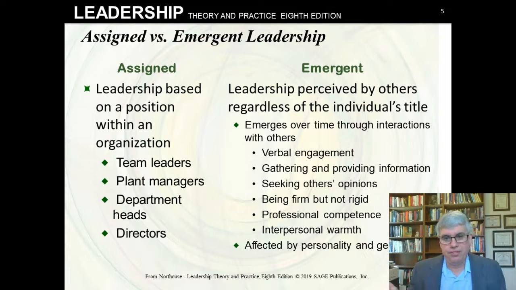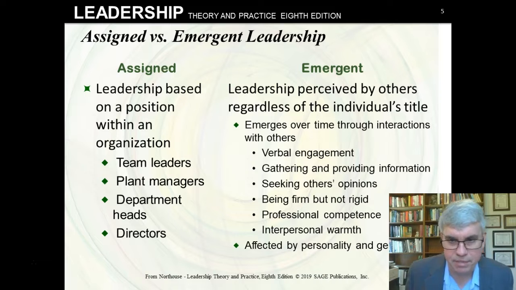They also seek other people's opinions because they know that their point of view is limited. They get other people's opinions, which increases their knowledge, but it also makes them more valuable to other people because other people feel valued by them.